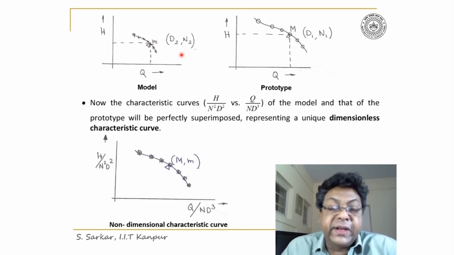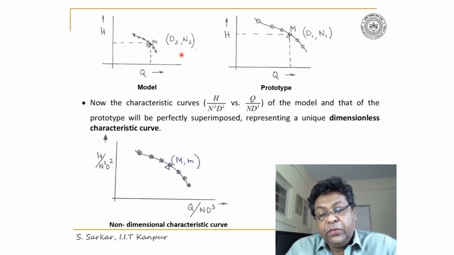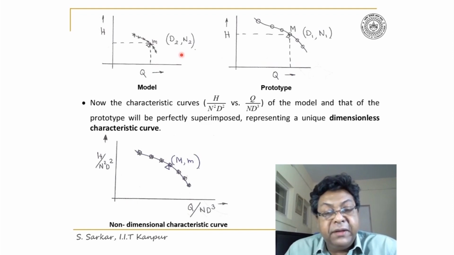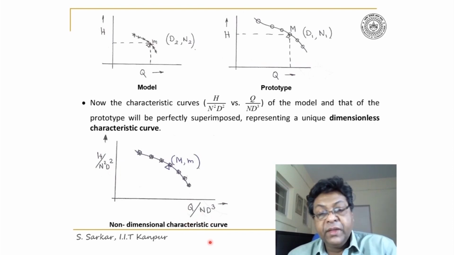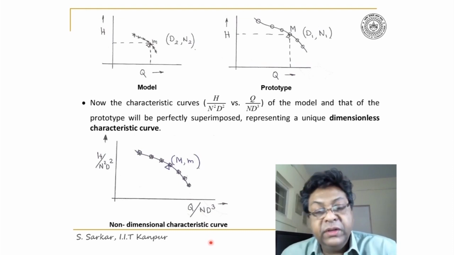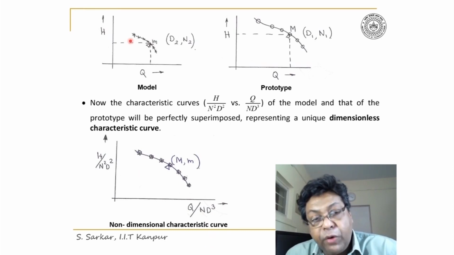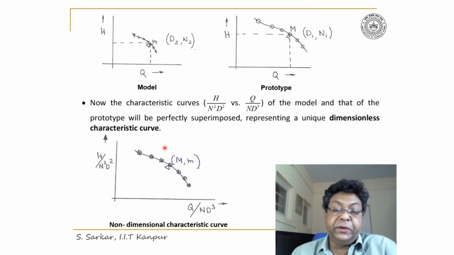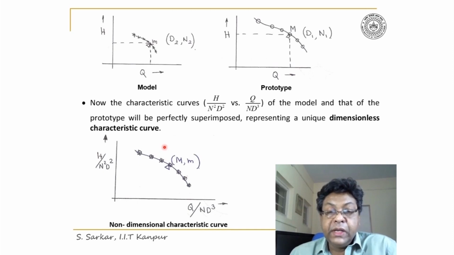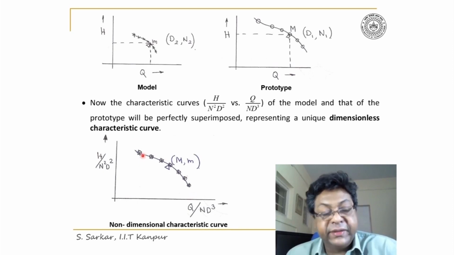Now, if we represent the characteristics where H and Q are scaled by N squared D squared, so H has been scaled by N squared D squared, whereas Q has been scaled by N D cubed. So what I have shown, then the data sets from the model and that from the prototype are exactly superimposed on each other, producing a unit characteristics.